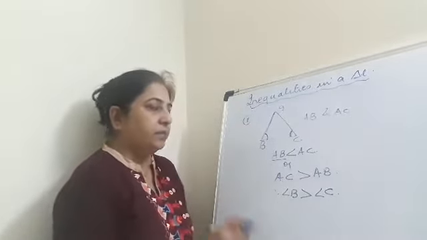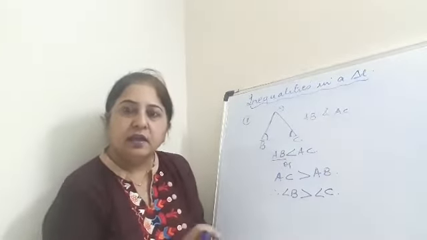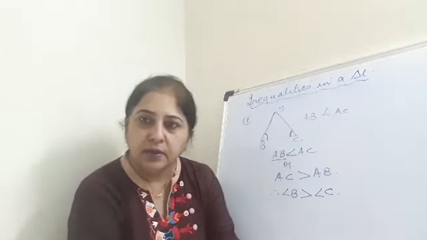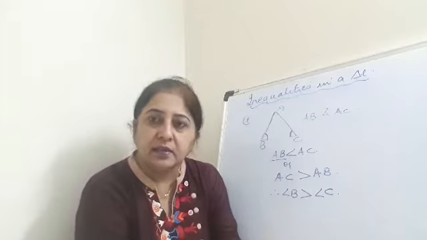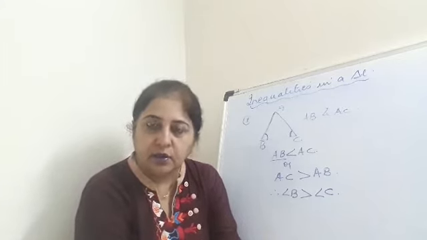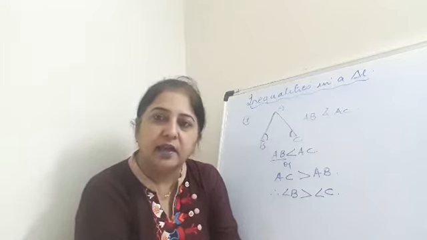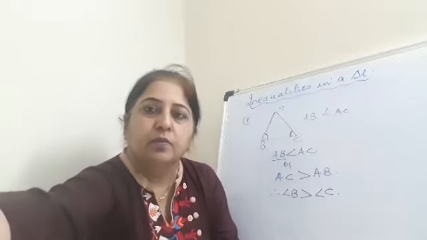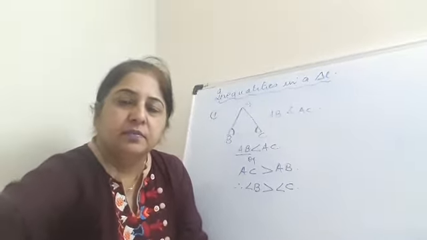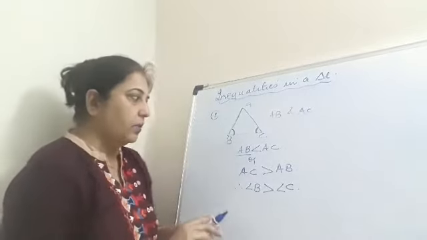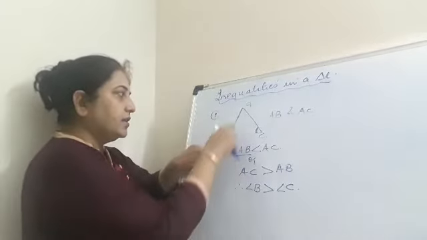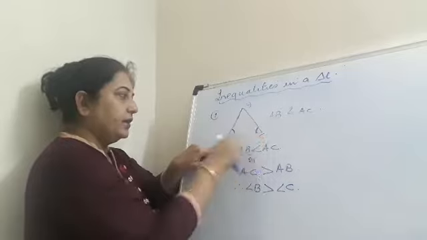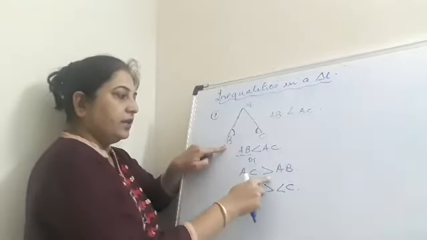Again I repeat that if two sides in a triangle are unequal, the angle opposite to the greater side is always the greater angle. Over here I have considered AC is greater than AB.